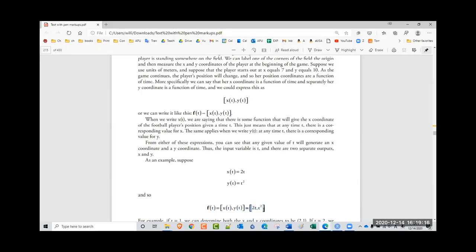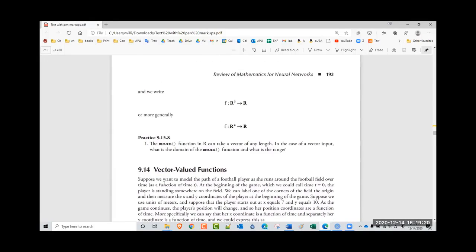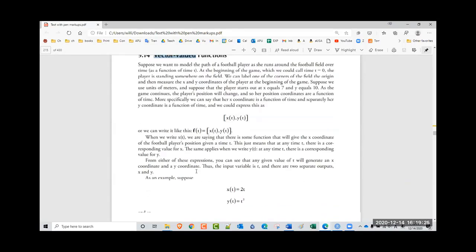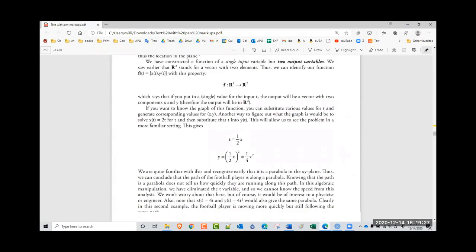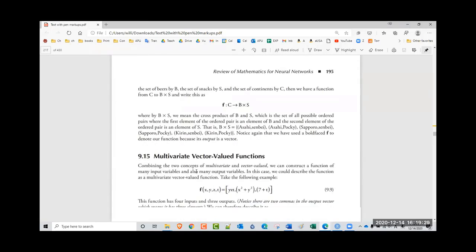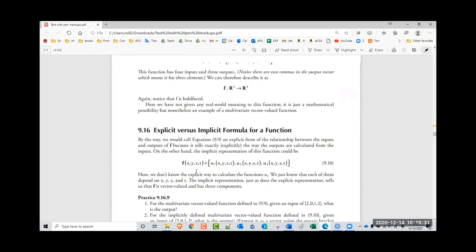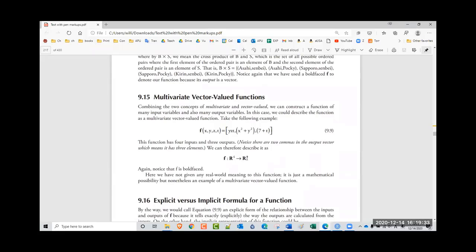So we're using bold like that to indicate that the output is a vector. And this is called a vector valued function. It just means the output is a vector. And we can have a function like this from R4 to R3. That just means we're going to have 3 pieces as the output.